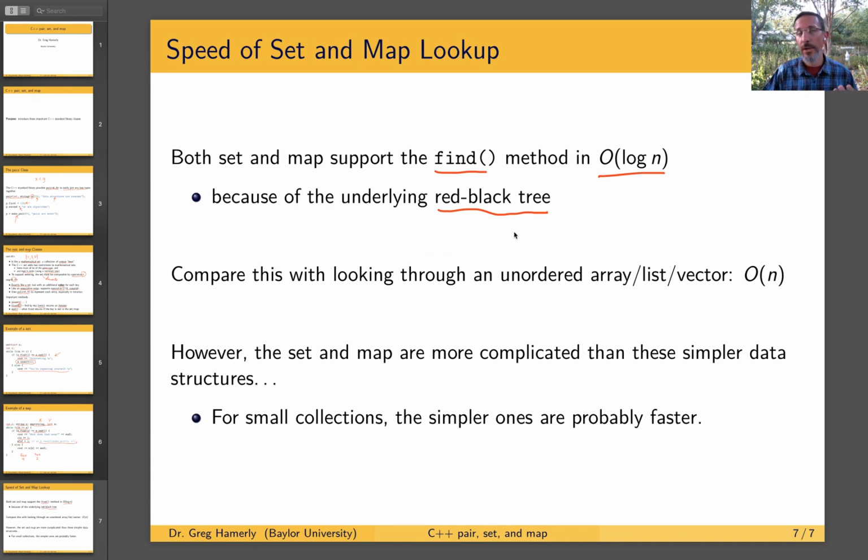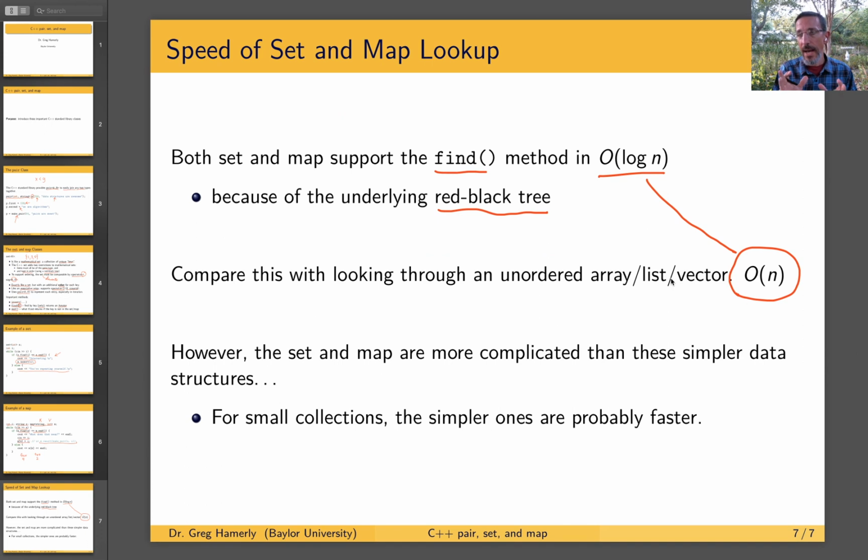If you compare this with keeping a bunch of unique items in an array or a list or a vector, it would require looking for things that could be anywhere in the list, the vector or the array, in order n time if we didn't keep them in order. So log n is significantly faster than order n. And that's one of the reasons that we want to use the set and the map for fast lookup.